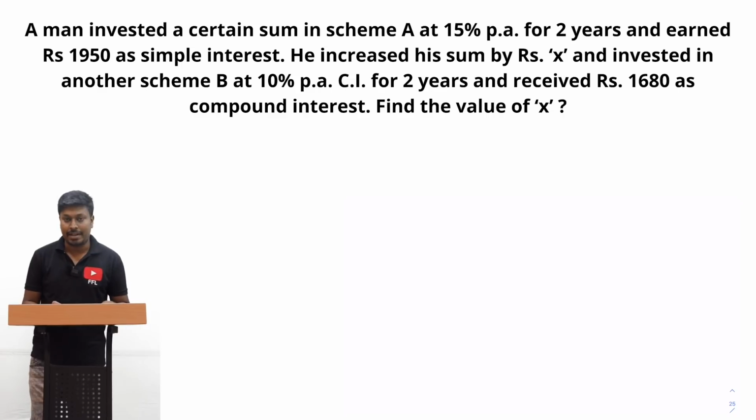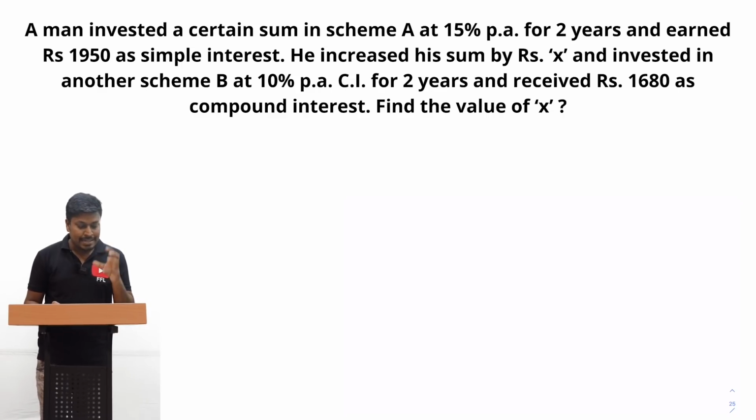Find the value of X. So the concept here is, initially the man has some money and invested in simple interest at 15% per annum for 2 years. After 2 years he got an interest of 1950. Then he increased his investment for scheme B at compound interest, and then he got the interest as 1680. So our target is to find how much money has been increased from the sum.